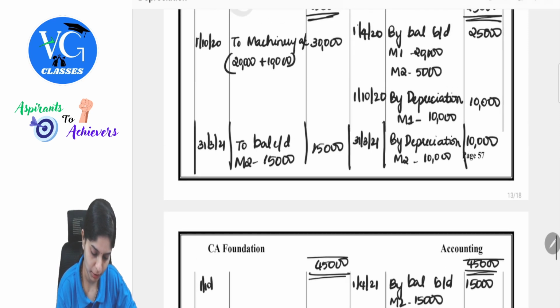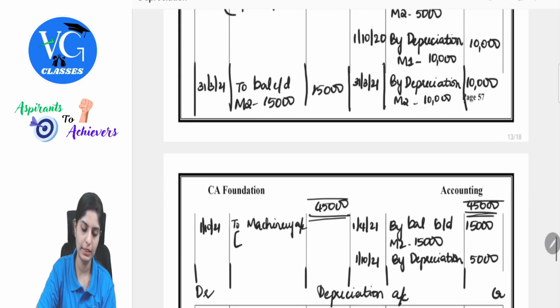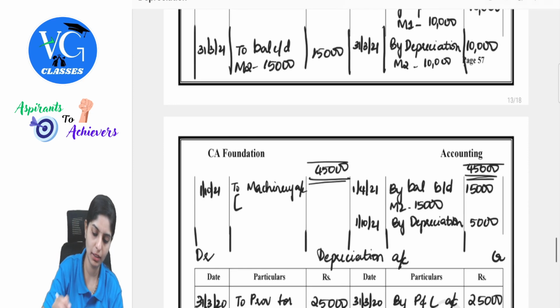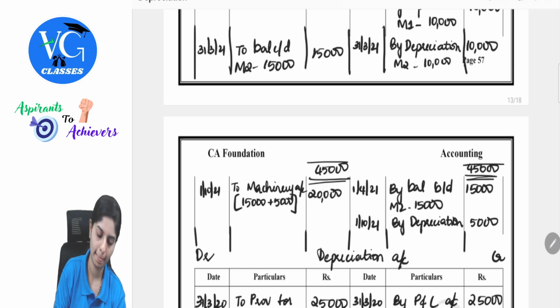First October 21, to machinery account with respect to machine number 2, it is 10,000, that is 15,000 plus 5,000, 20,000.